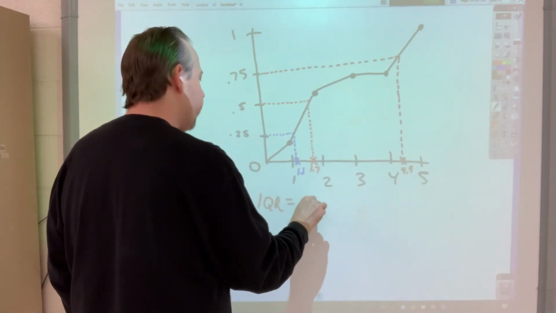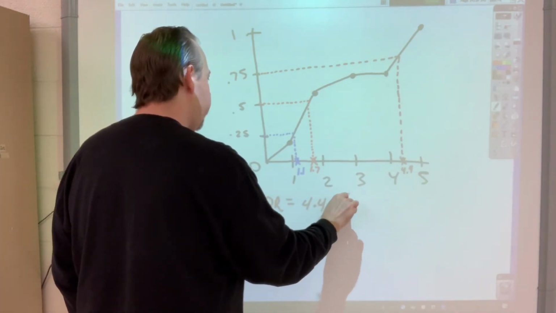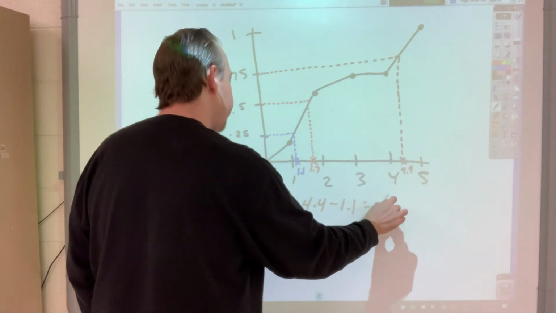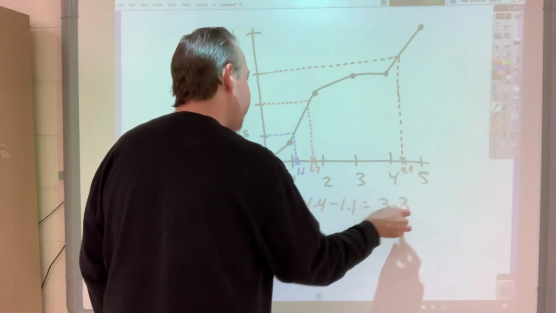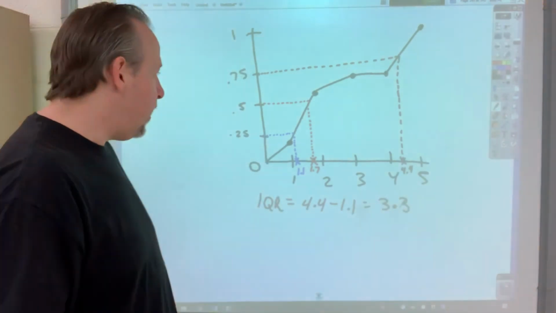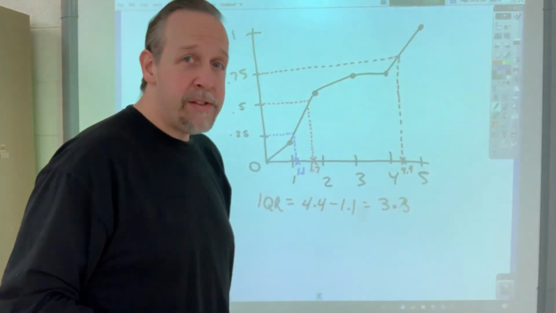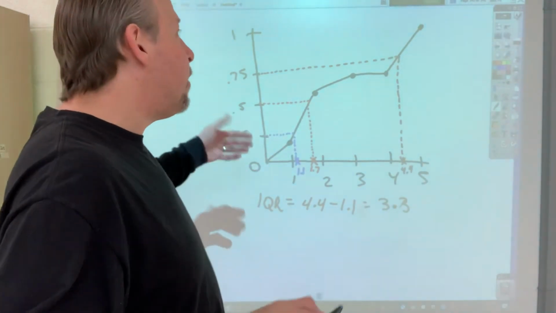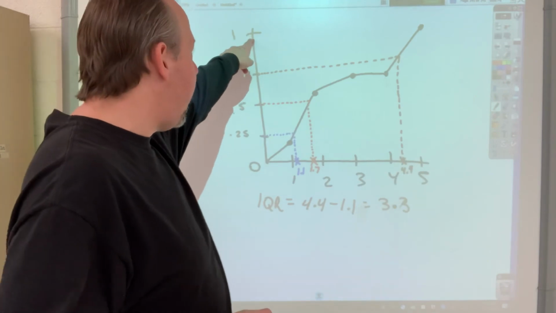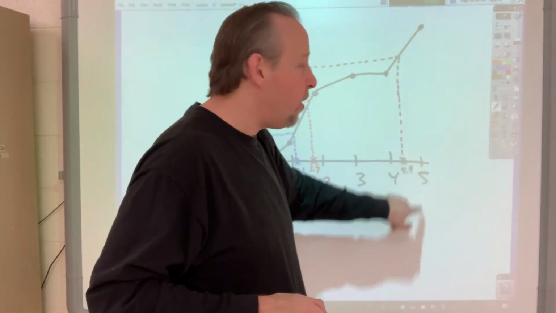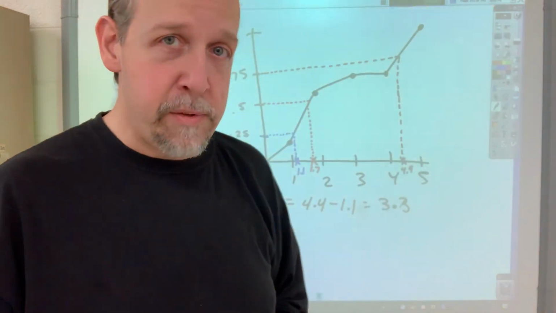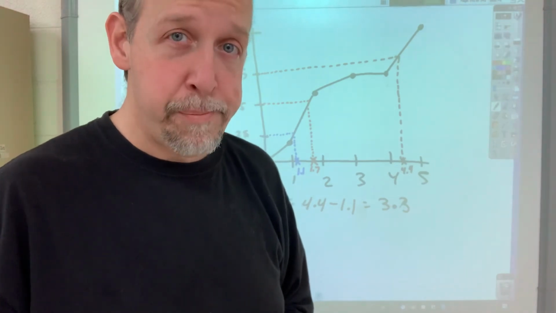Well, Q3 was 4.4, and Q1 was 1.1. So I have a 3.3 IQR. The median we found to be about 1.7. You can find the 90th percentile by going to 0.9, or where that would be, scrolling across and going down. That's how ogives can be used to find positions within a distribution. It's actually kind of useful.